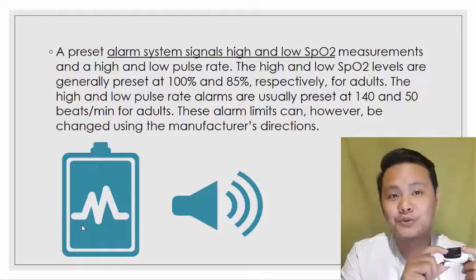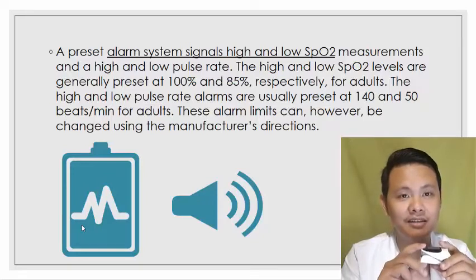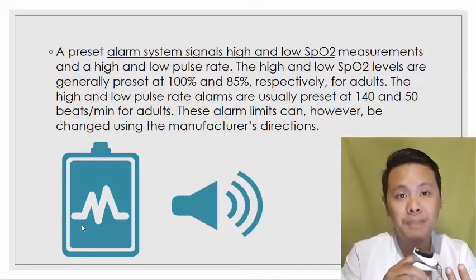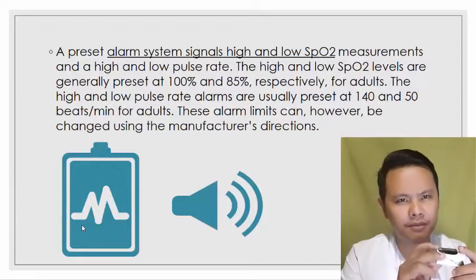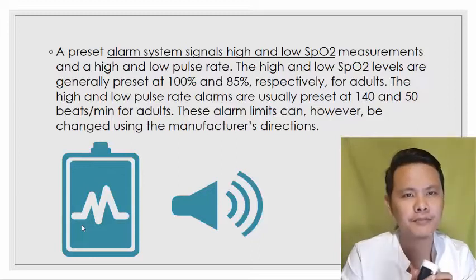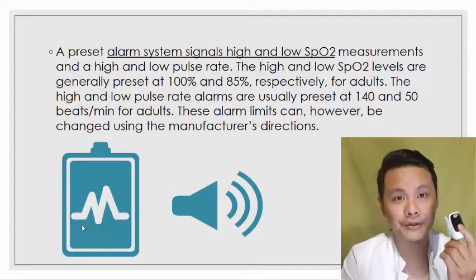Once na inopen mo yan, tutunog na yan. And once it reaches the reading, pag may final reading na siya, it will tell us by simply having a beep. Then, pagka masyadong mababa, below normal, tutunog din po ito. Ganun din sa pag-measure ng pulse. Kapag ang pulse is beyond or below normal, tutunog din po ito. Okay?